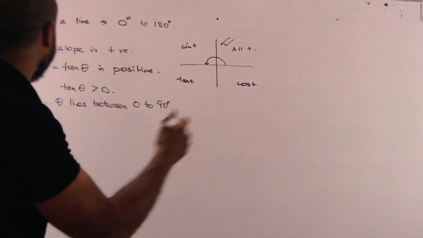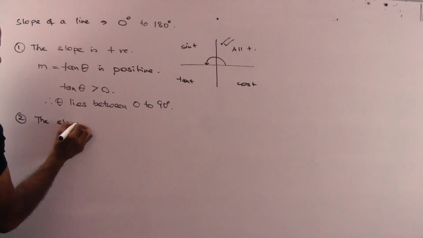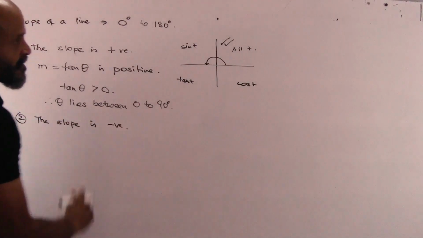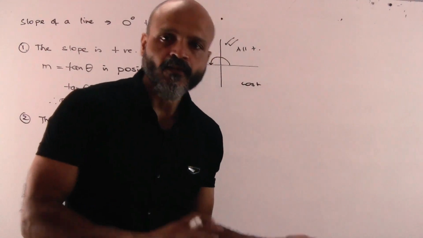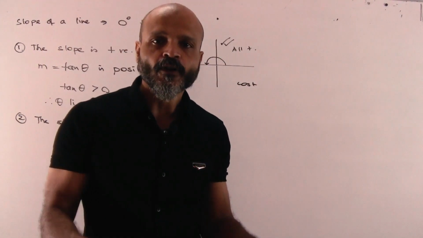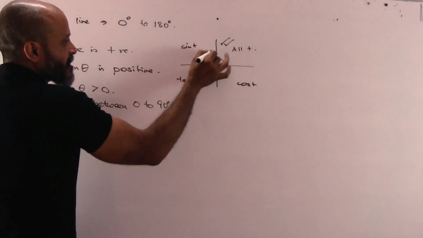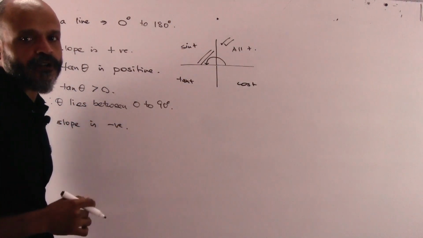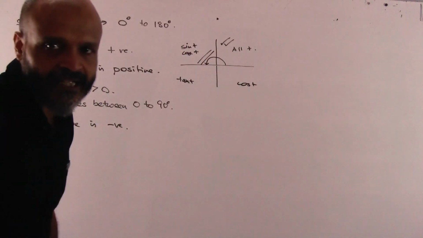Okay, now let's say the slope is negative. So between 0 to 180, for what values of theta will tan give us negative values? Obviously it will be the second quadrant, because we know that this is the quadrant in which sine and cosec are positive.